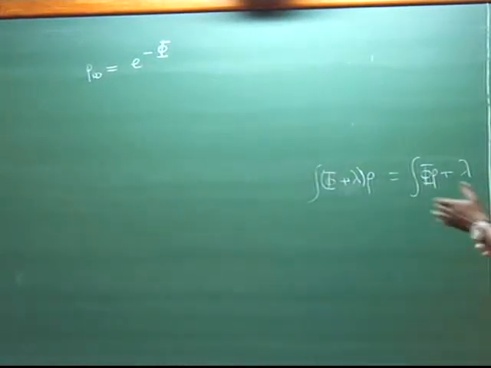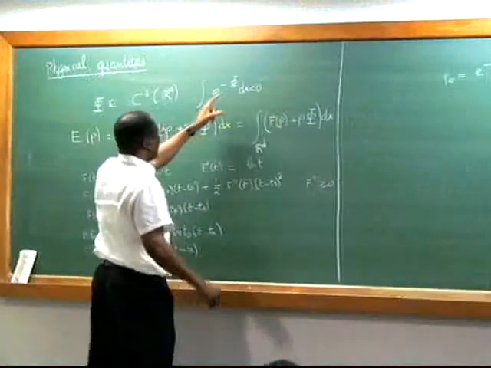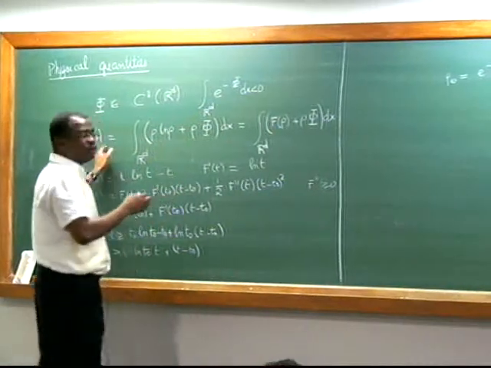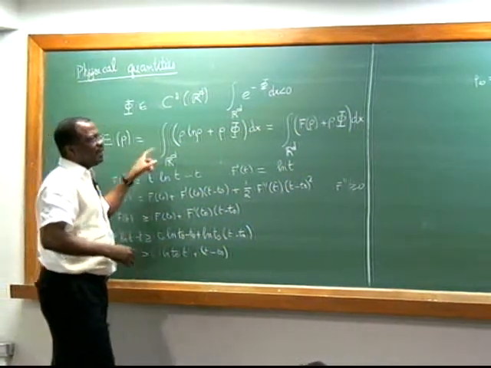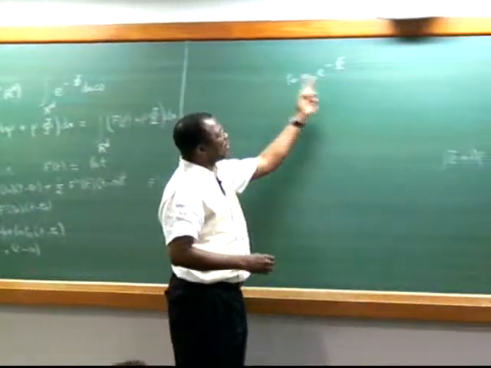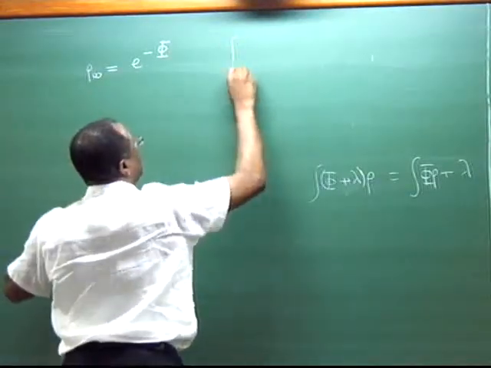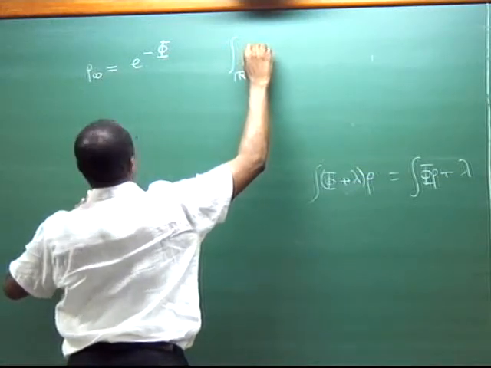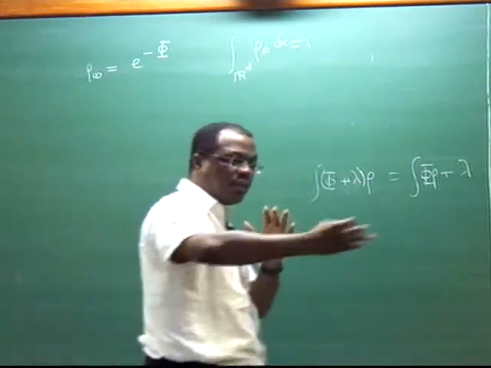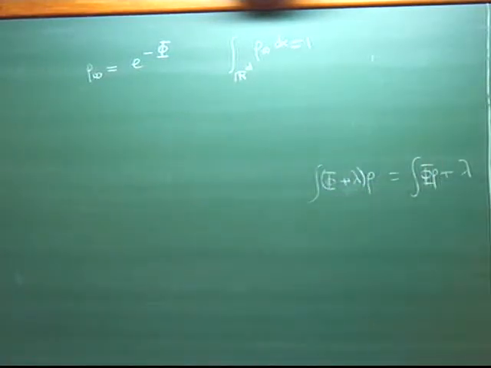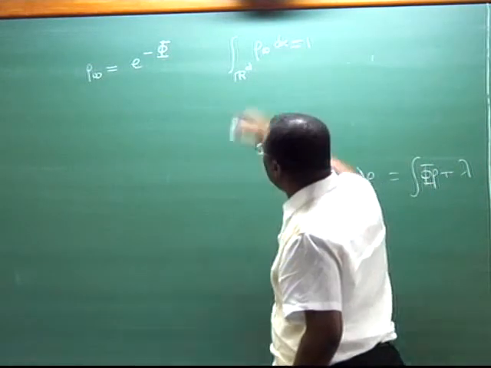And so if I add a constant to phi, then it is just going to add a constant to the energy E, which is not going to matter. Now, I can play adding a constant so that the integral of rho infinity dx is 1. So I can add or subtract a constant such that this condition is satisfied. And so this is not a bigger restriction.